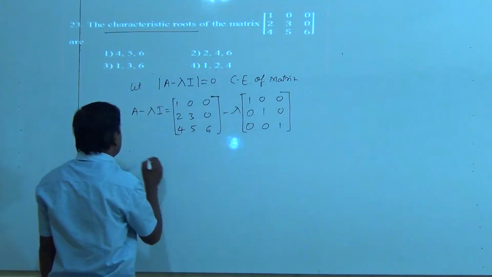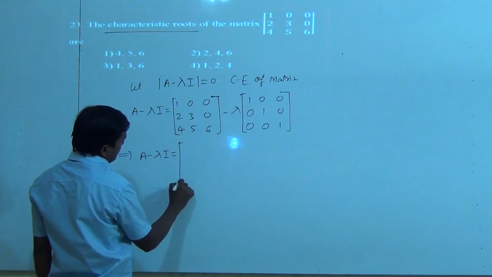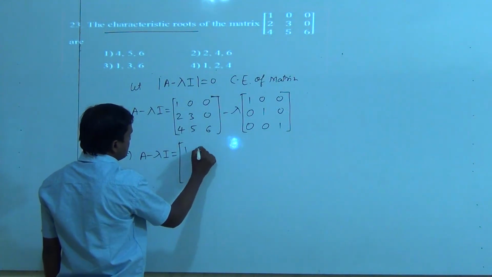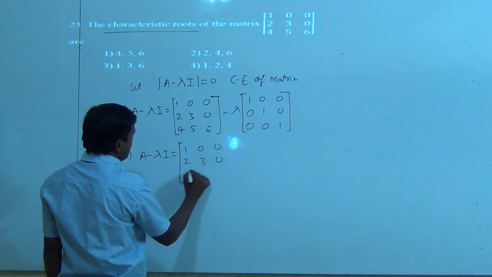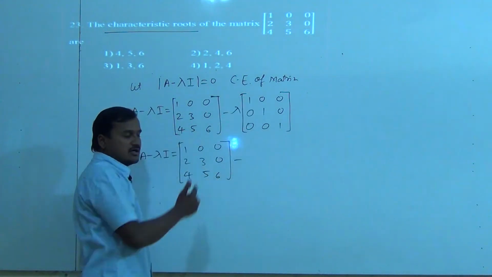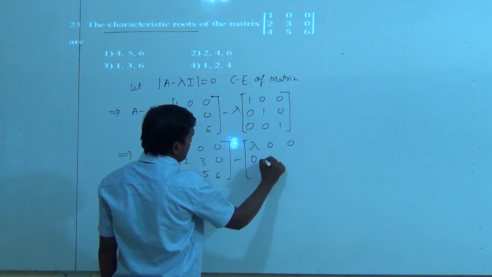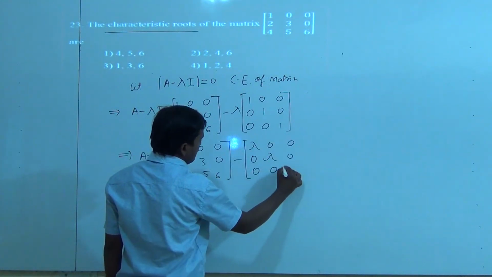So A minus lambda I: I will write this as it is, 1 0 0, 2 3 0, 4 5 6. Now I will multiply lambda to each element of this identity matrix, so clearly lambda 0 0, 0 lambda 0, 0 0 lambda.